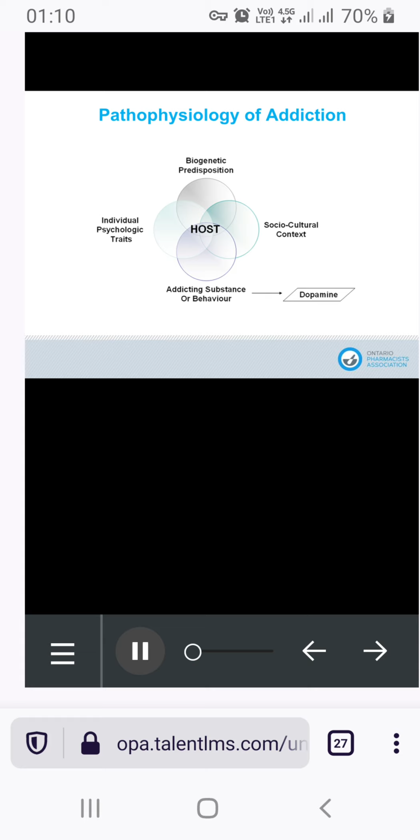Pathophysiology of addiction: the host has a biogenetic predisposition, sociocultural context, addicting substance or behavior, individual psychological trait, and this involves dopamine.